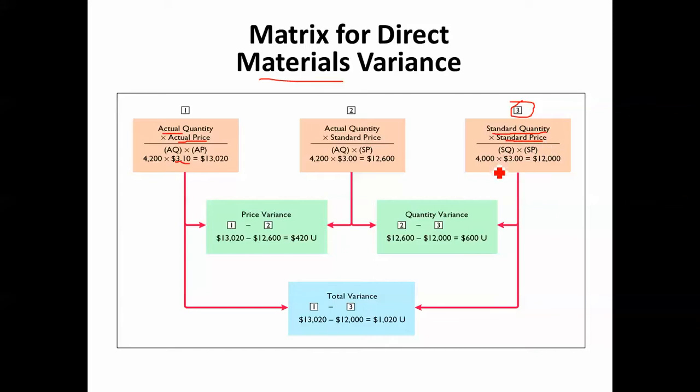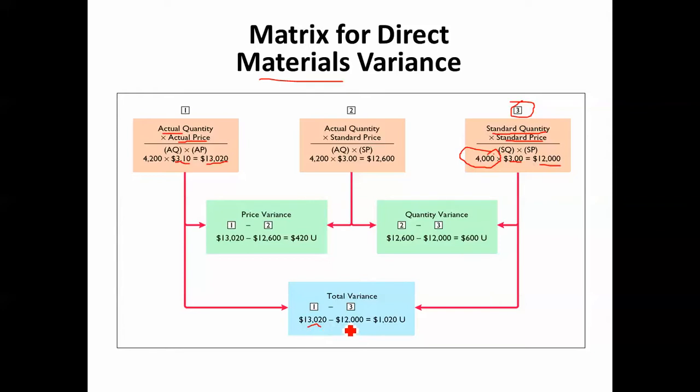The standard quantity was 4,000 pounds, and the standard price was $3. So the standard says the material cost should have been 12,000, but the material costs were 13,020. Follow the arrows down here, 1 minus 3.